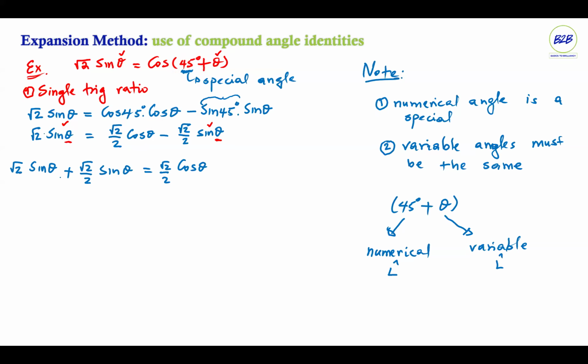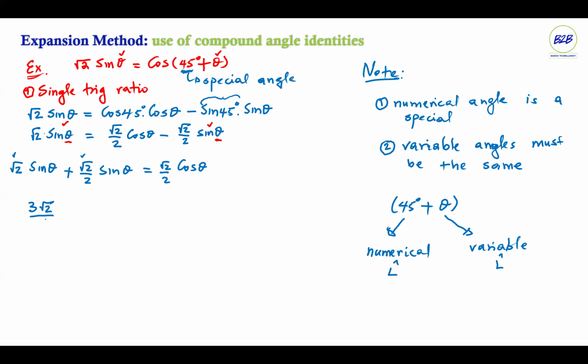Then here we can collect the like terms. We add root 2 together with root 2 over 2. What should we get? We should get 3 root 2 over 2 if we add those two in our calculators.